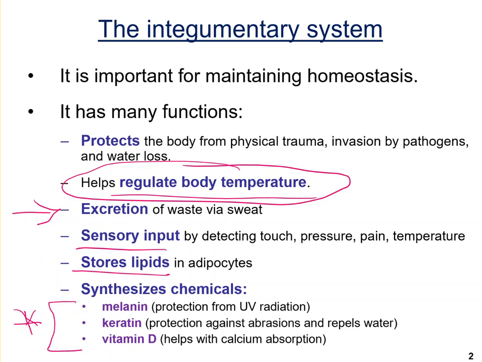It also makes keratin, which protects against abrasions and repels water. And it's going to make vitamin D. This is really important because the vitamin D in your body is actually produced by your skin. And vitamin D is essential in growing bones because it helps with calcium absorption.